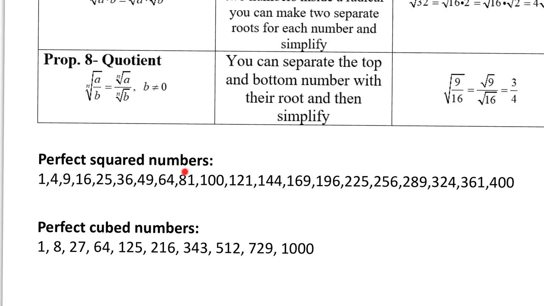For example, 9 squared is 81. 12 squared is 144. 5 squared is 25. 7 squared is 49. So every number has a perfect square root.